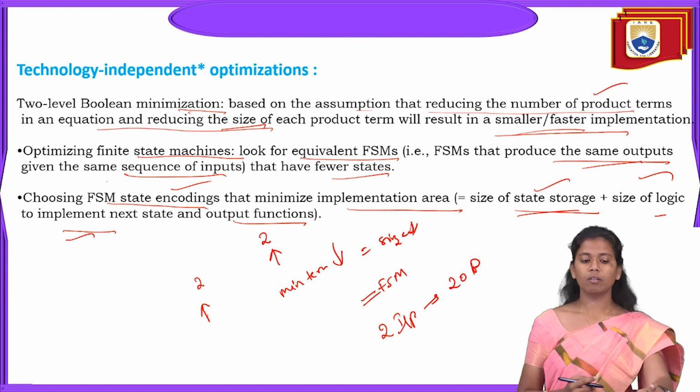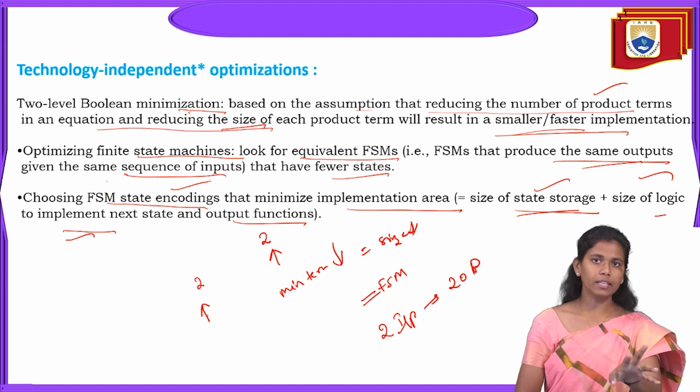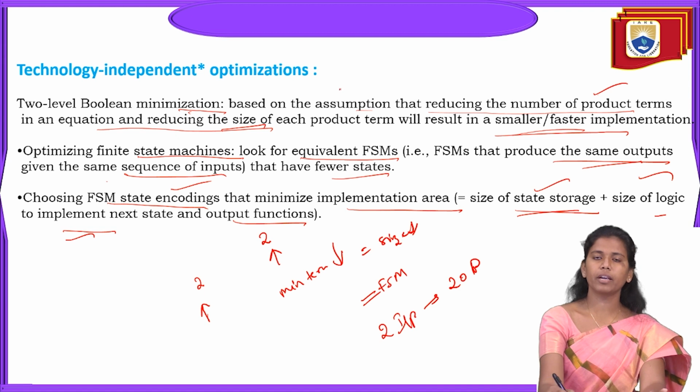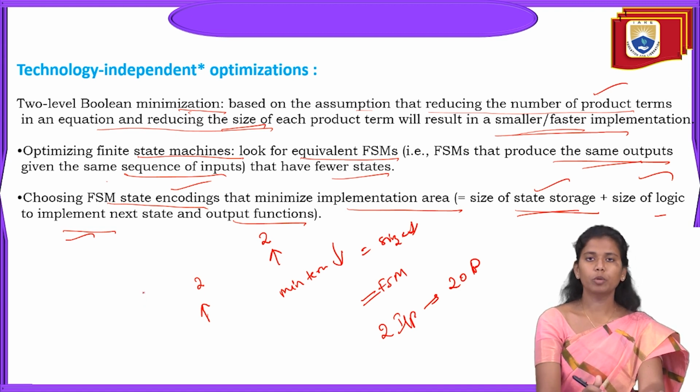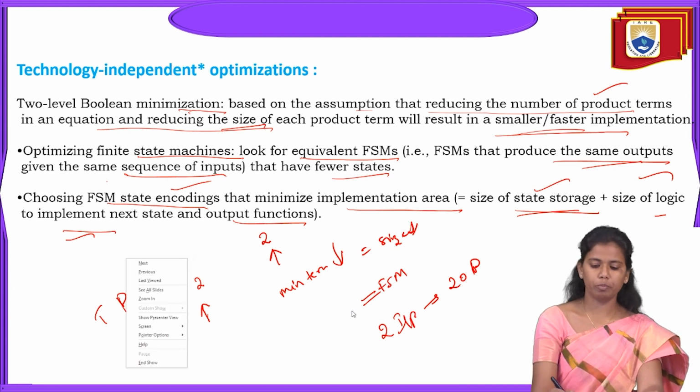If you find the similarities or the differences between these two criteria, there is a lot of difference between technology dependent and technology independent optimization. As per my knowledge, everybody will opt for the technology dependent optimizations rather than the technology independent optimizations.